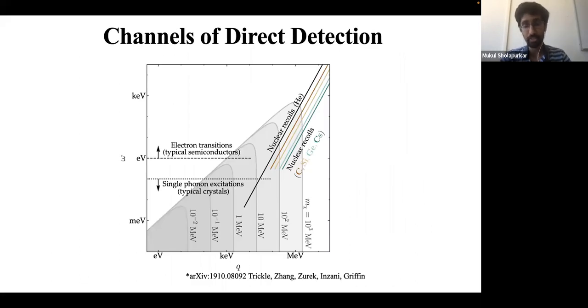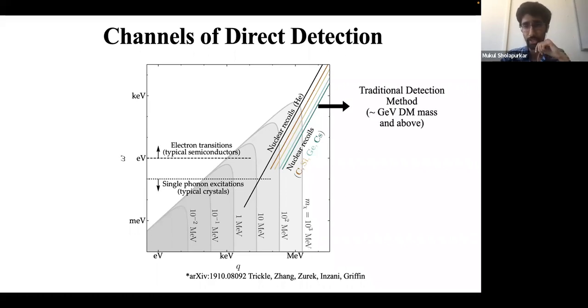Even within direct detection, there are various channels to look for dark matter, and they can be illustrated on a plot like this, an energy versus momentum plot, which I've borrowed from this paper. On the y-axis is the energy that the dark matter deposits in your detector in a single interaction, and on the x-axis is the momentum that the dark matter loses in this interaction.